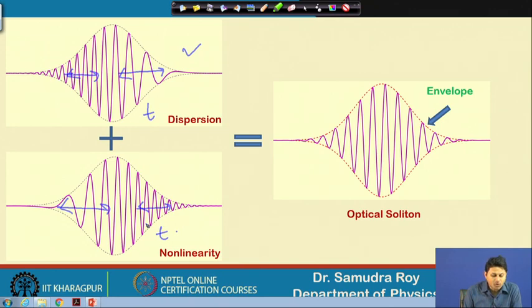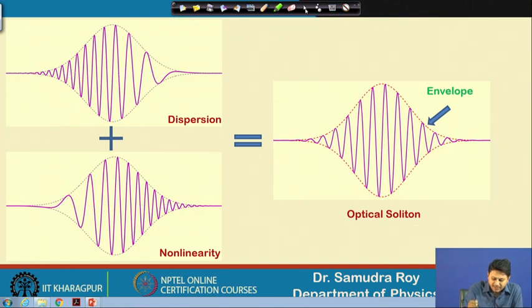So, exactly the opposite that we have in dispersion. So, if I add these two things, then these things will be counterbalanced by this one, this part of the pulse will be counterbalanced by this part, and as a result we have something where the frequency distribution is uniform. So, that means there is no chirping and the shape of the pulse remains conserved. This is essentially the optical soliton.